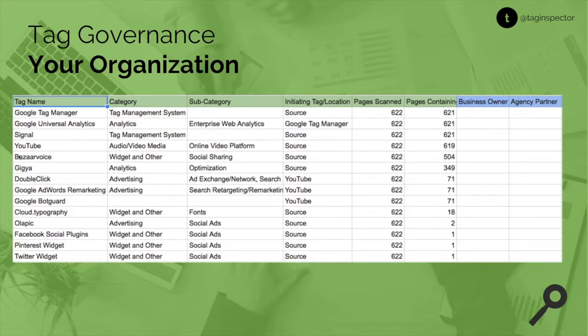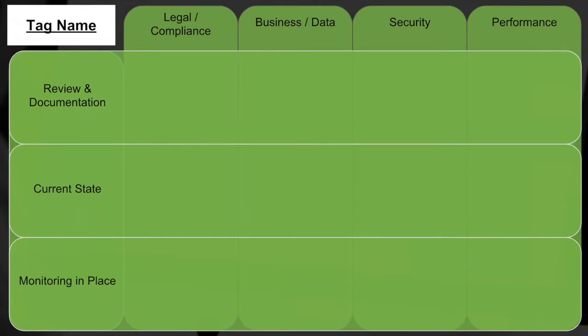This is an example here of just a standard tag inventory report where we can look really cleanly at what are the platforms that are loading. And then for each of those different platforms, I want to look at, so I understand where am I from a governance standpoint, what do I need to create, what do I need to get and aggregate and organize.